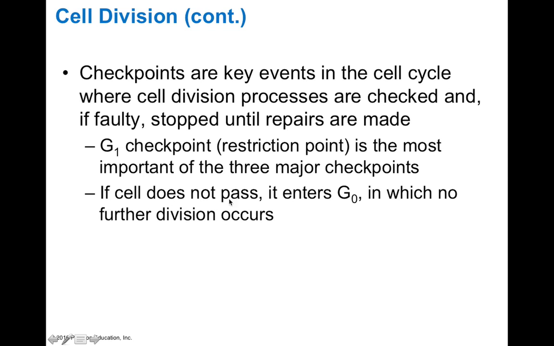And if the cell does not pass, then it enters what we call G0, which is basically where no further division occurs. There are lots of cells in your body that are currently in G0, especially neurons, because neurons don't really divide for the most part, brain cells.